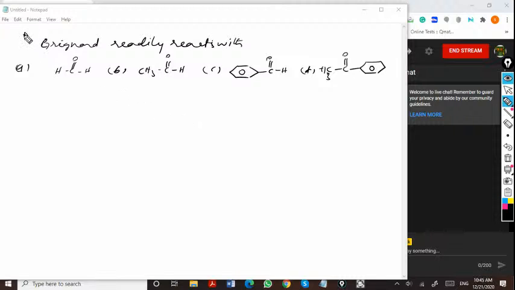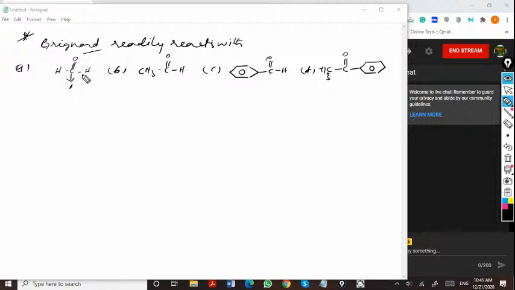So this is one of the important reactions. Similar to what we discussed yesterday, nucleophilic addition reaction. So this is also a similar type. Where there is less electron density, or a carbon with more electrophilic nature, there will be the attack.